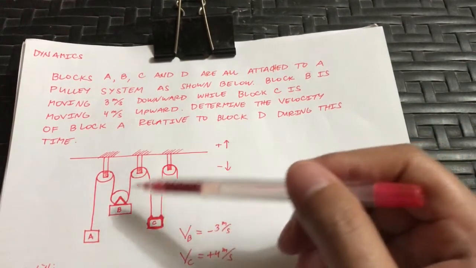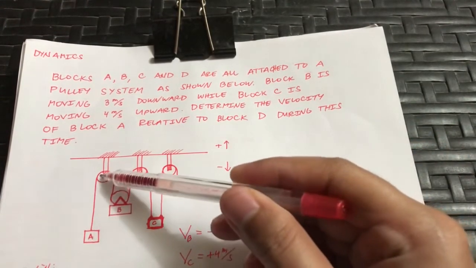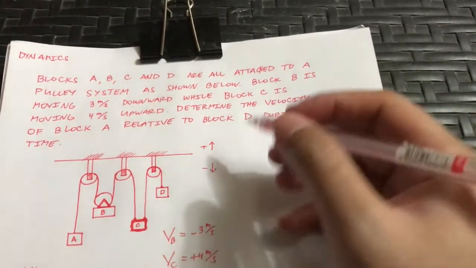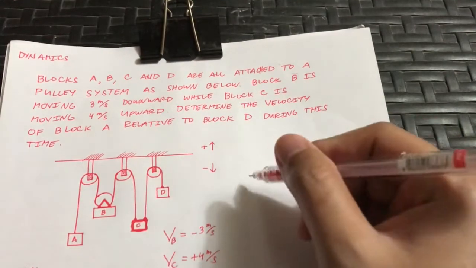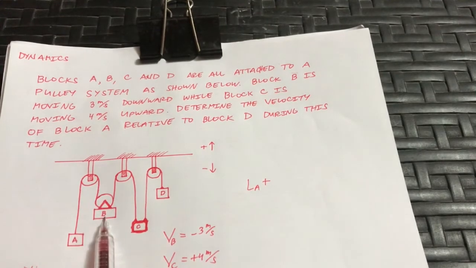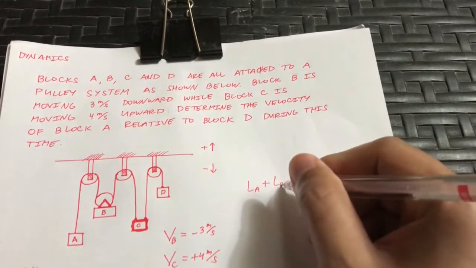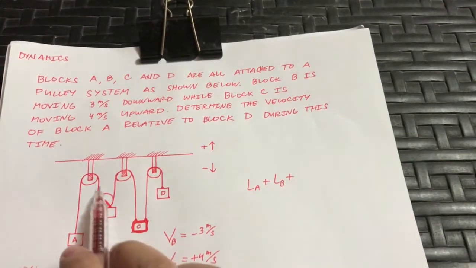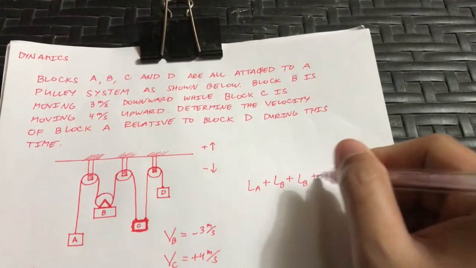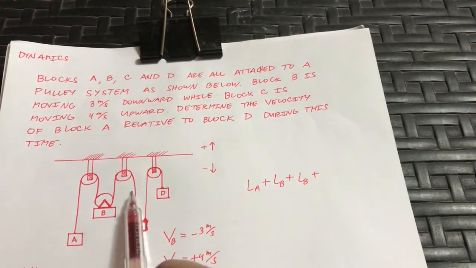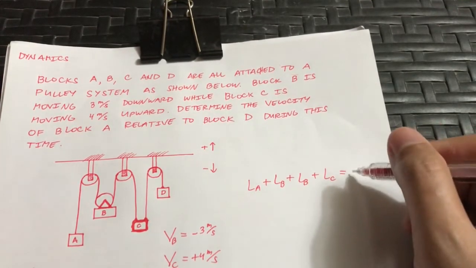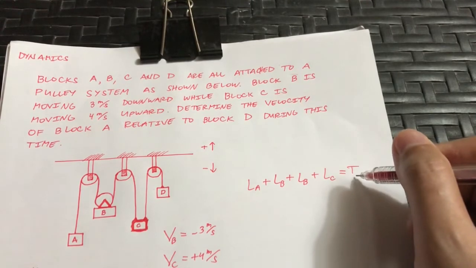We have here our first rope, starting from A and connecting up until C. So we have the length of A, plus the length of B, plus another length of B, since the rope is also connected to B, plus the length of C, where the rope ends. This is the total length of rope 1.